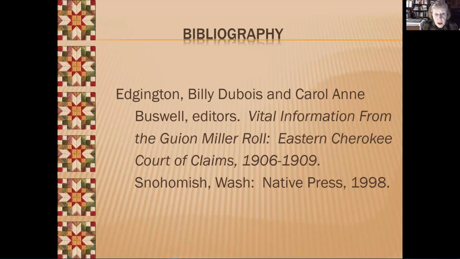So both the index and the applications. So you should be able to find those on fold 3. But if you are interested, then those other resources are supplemental type resources.